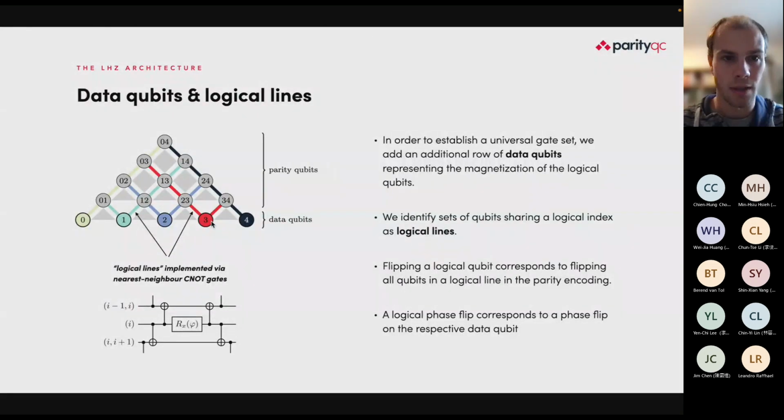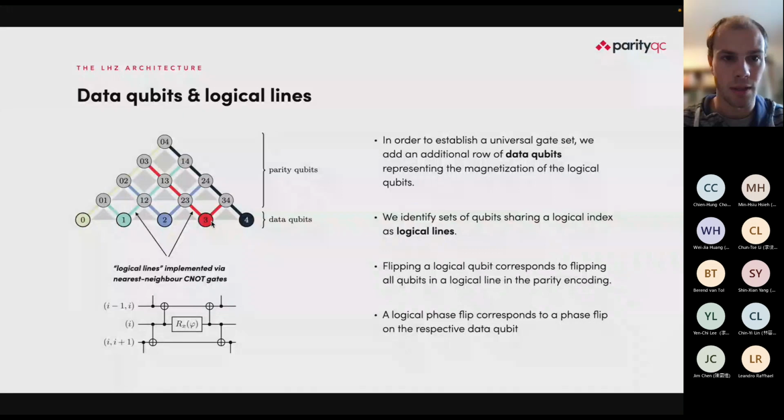And these logical lines are now important when we want to apply a bit flip on a logical qubit. Because if I bit flip one logical qubit, then also the relative alignment to all other logical qubits changes. And because the parity qubits precisely encode this relative alignment, we also have to flip all parity qubits which involve the respective logical qubit.